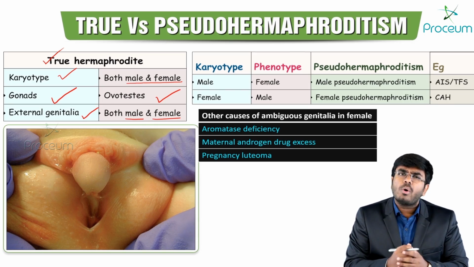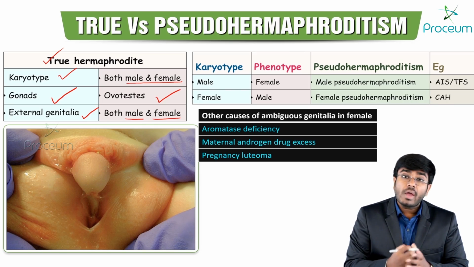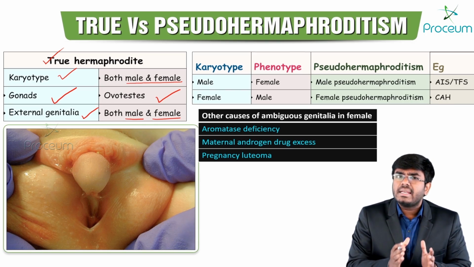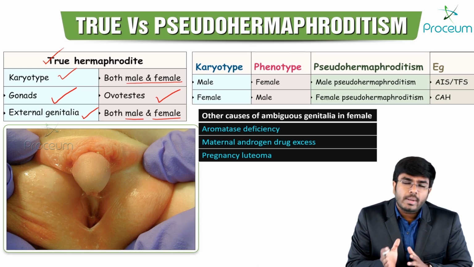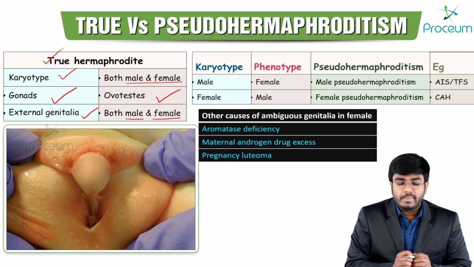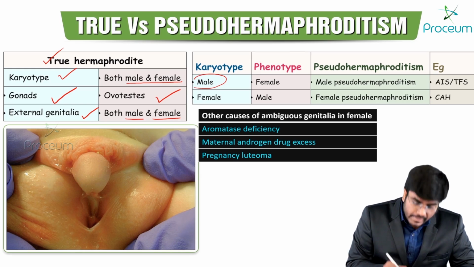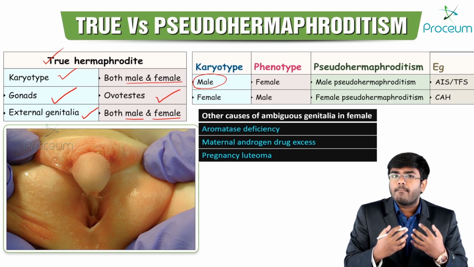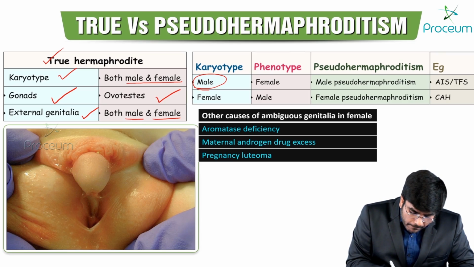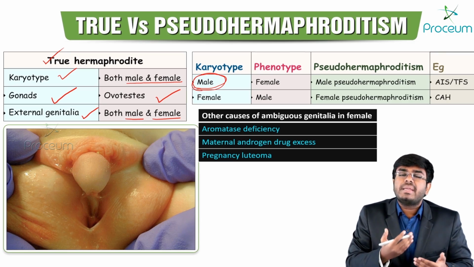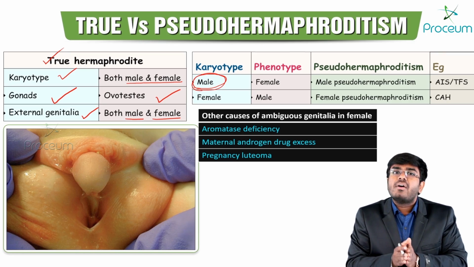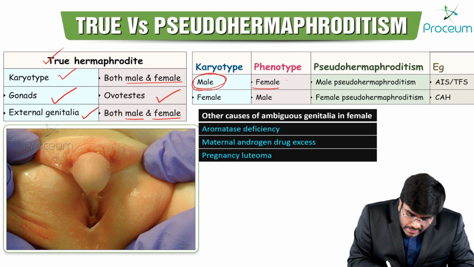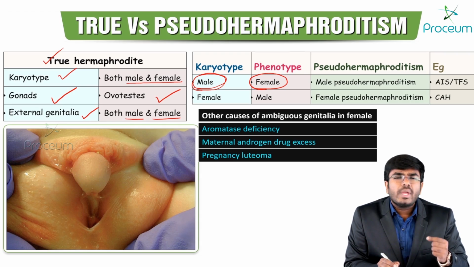Okay, now what about pseudo hermaphrodite? We have already discussed. What exactly is meant by a pseudo hermaphrodite? Pseudo hermaphrodite means karyotypically male, means the genes are male, the chromosomes are male. Karyotypic male, but phenotypically looking like a female, a male looking like a female. Are you getting? Can you recall something?